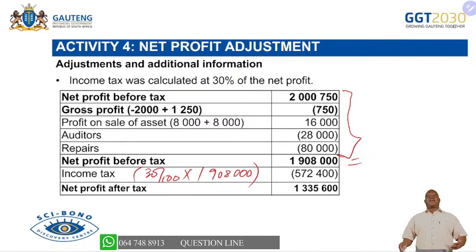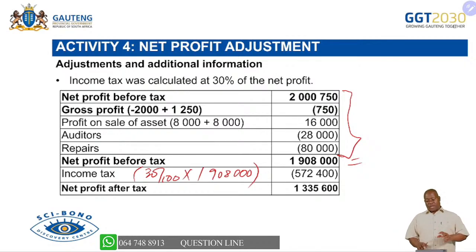When it's done and dusted, we are going to get our net profit after tax. And the net profit after tax is 1,335,600.